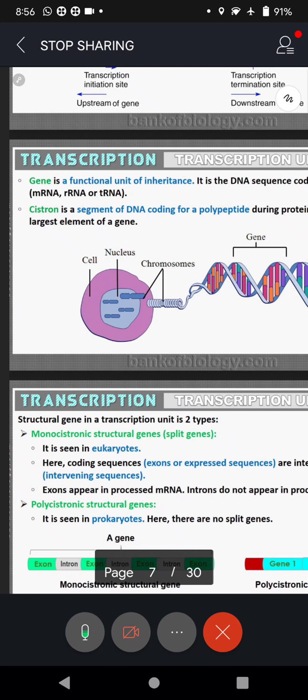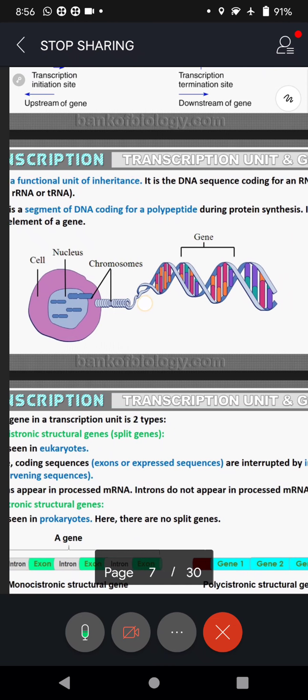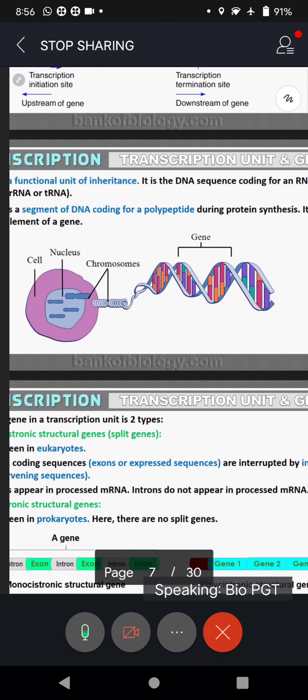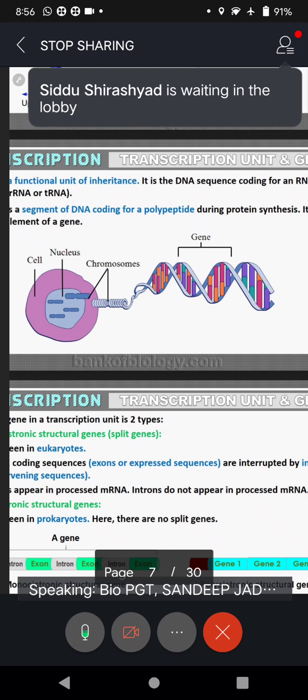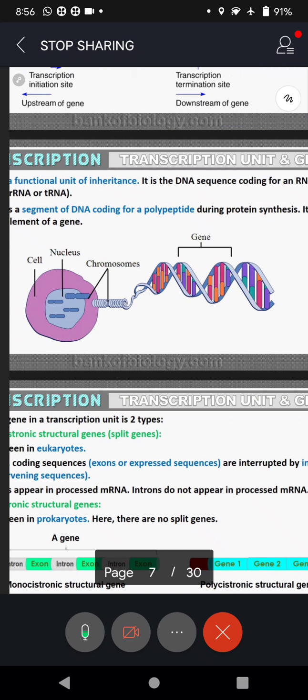So basically, there has to be a cell, a living cell, as I said yesterday. In the living cell, there should be a nucleus, inside the nucleus chromosomes, and inside the chromosomes DNA, and a portion of DNA is a gene. I hope you got the clarity now. The cell should be alive, and already I said a cell will be alive when cytoplasm is present.